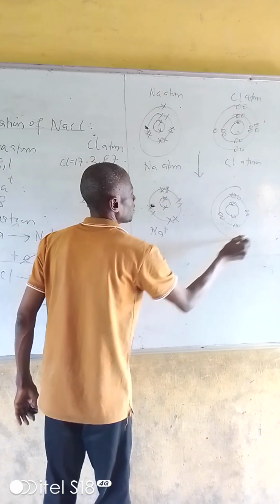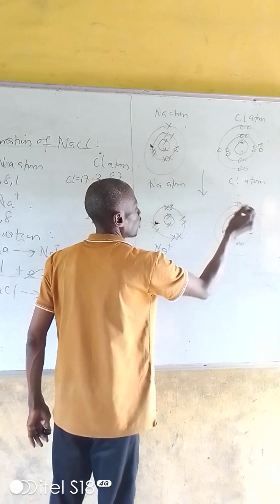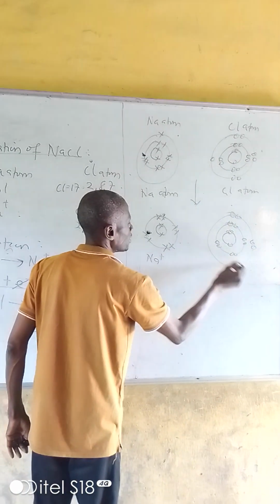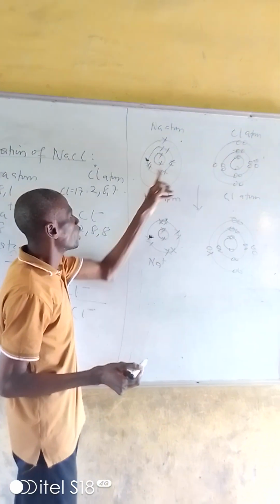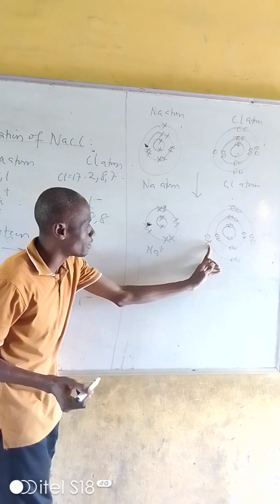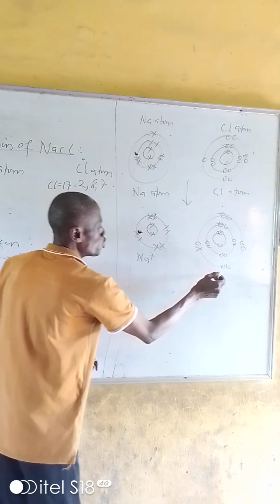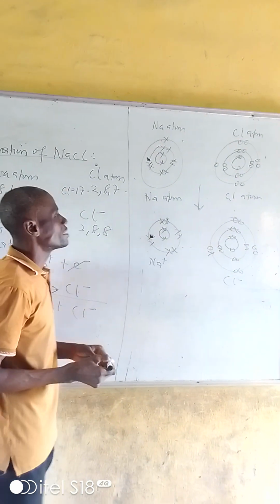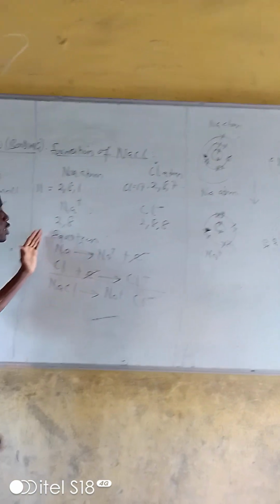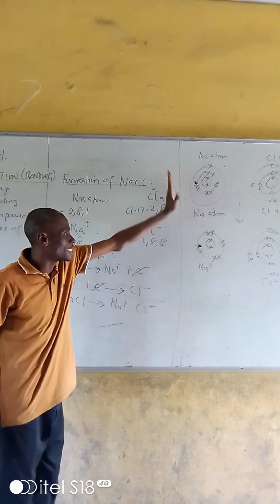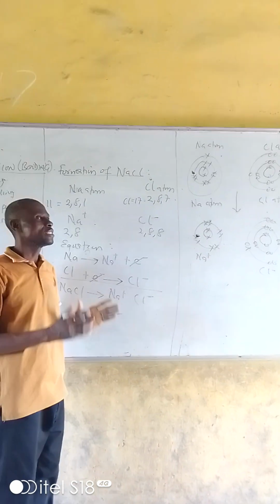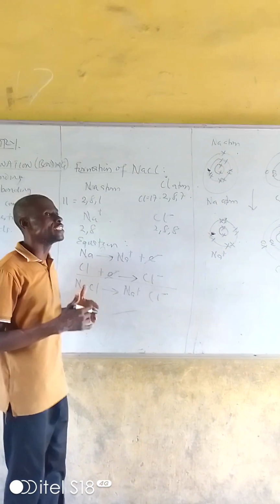Based on what we have there, 2, 8, 8, the one that sodium loses is what we are having here. It has become 2, 8, 8. So this is the equation expression, and this is the diagrammatical expression.